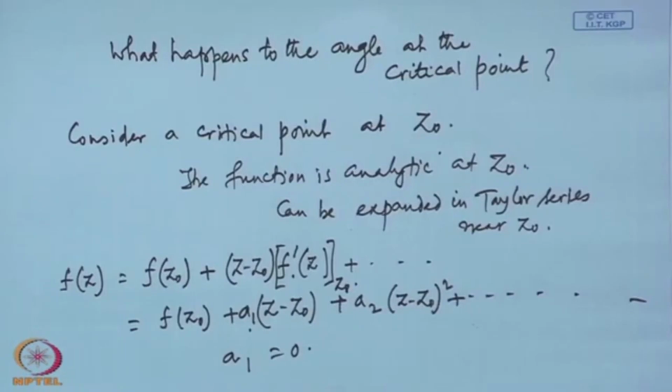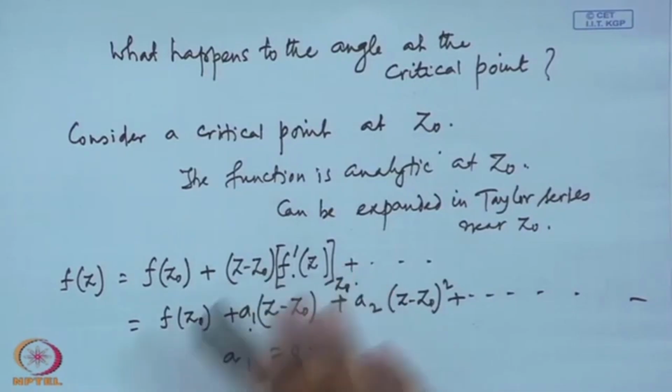But we have no idea about the higher derivatives. a2 is of course the second derivative of f evaluated at z0, a3 is the third derivative of f evaluated at z0, and so on, and we do not know anything about them. Let us assume that up to the nth derivative all are 0.